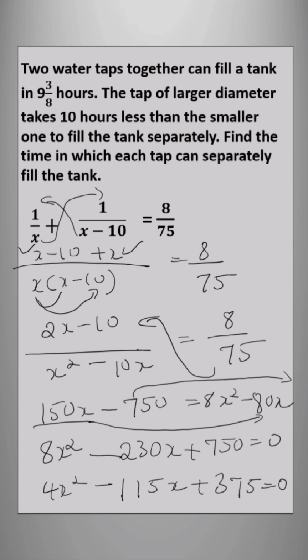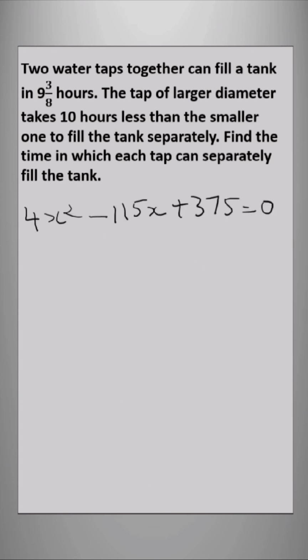Now let us solve the equation by using the formula. x is equal to minus b plus or minus square root of b square minus 4ac divided by 2a.